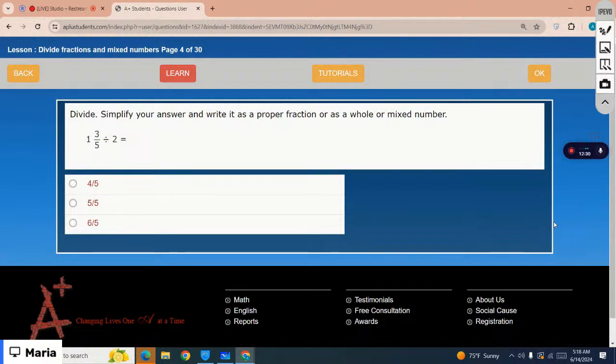That's number 1. 4 over 5 is the correct option. Option number 1 is the correct one.